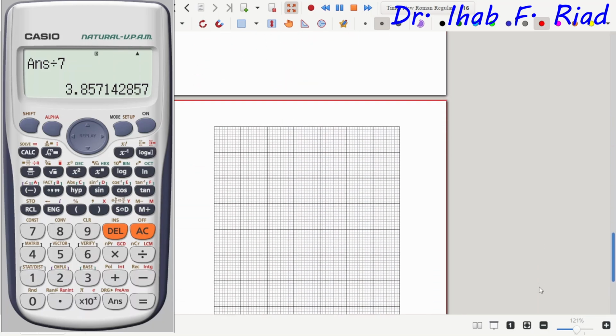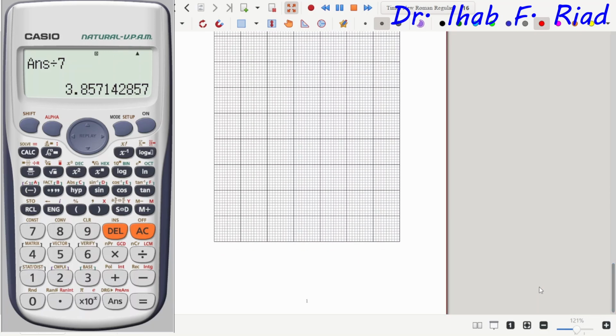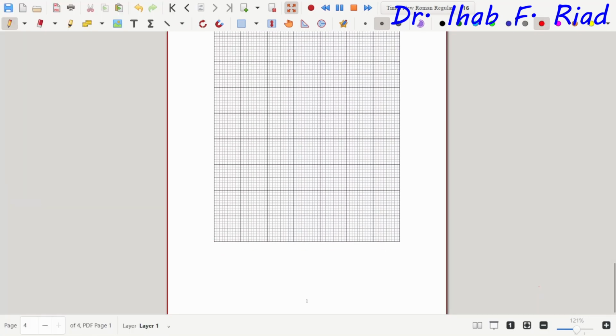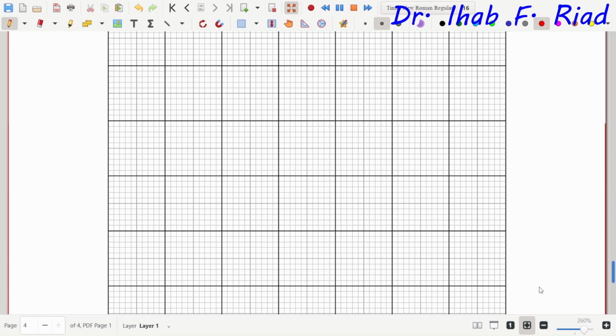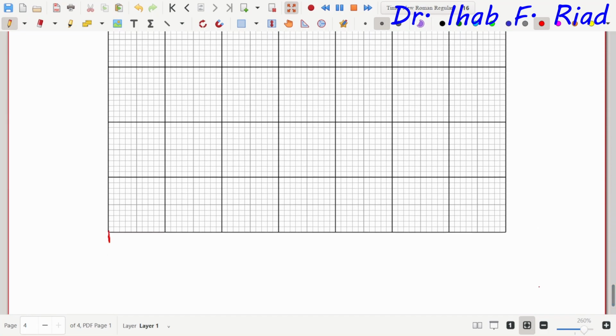Let us do the marking on the x-axis. We are not starting from 0. We are starting from something different. Which good scale mark can we choose to start from? I think 15.